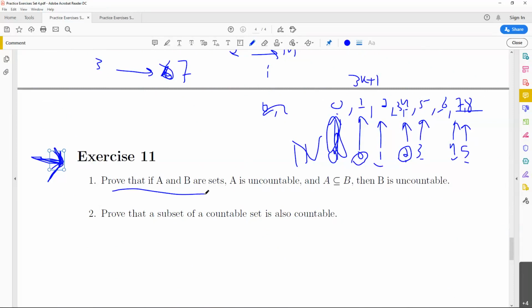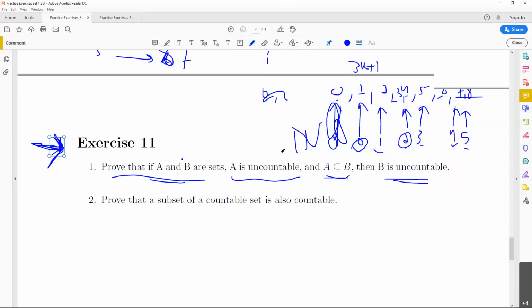Prove that if A and B are sets, A is uncountable, A is in B, then B is uncountable. This is actually a pretty good rule that will do you well.